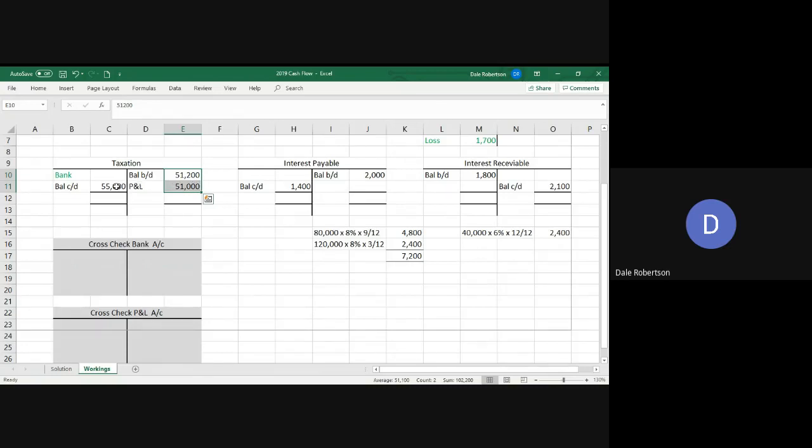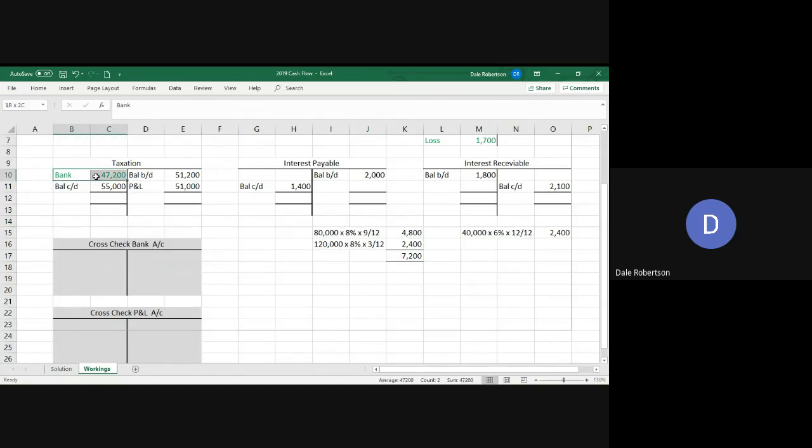At the end of the year, if we owe them 55, then by a process of deduction or elimination, we must have paid them the differing amount, which in this case is 47,200.